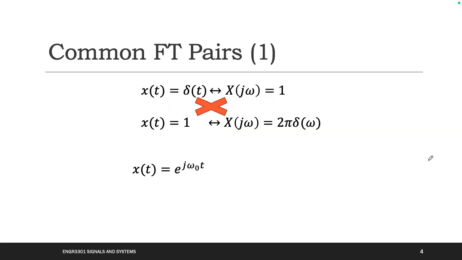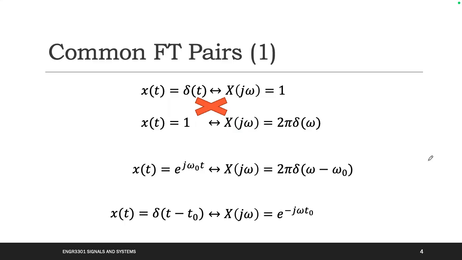If your signal is e^(j omega naught t), what's your FT? Do you remember? It should be 2 pi delta(omega minus omega naught). And if your x(t) is delta(t minus t naught), what's your FT? It's kind of the opposite of that.